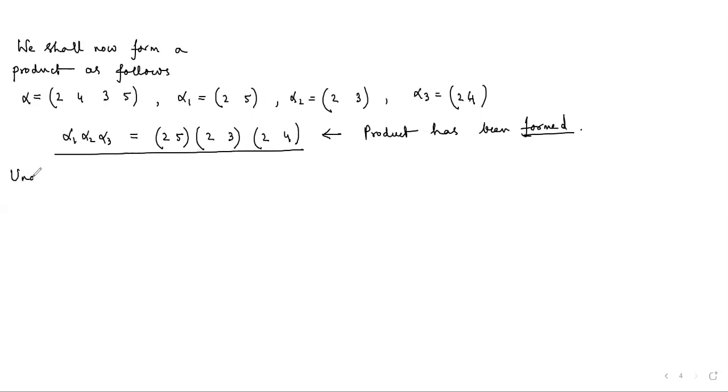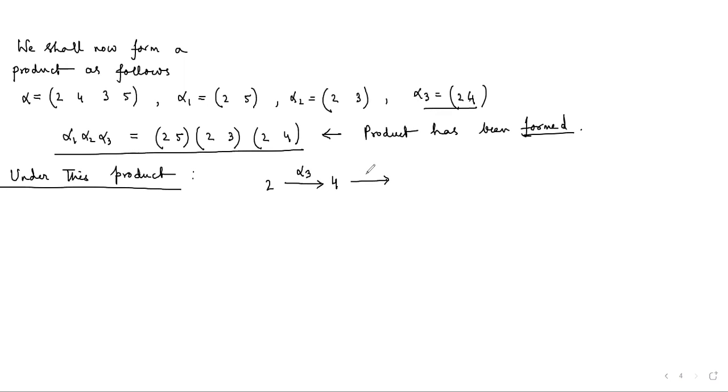Now under this product, what is happening? Let us try to find out. We consider the element 2. Under the permutation alpha 3, which is (2 4), 2 goes to 4.